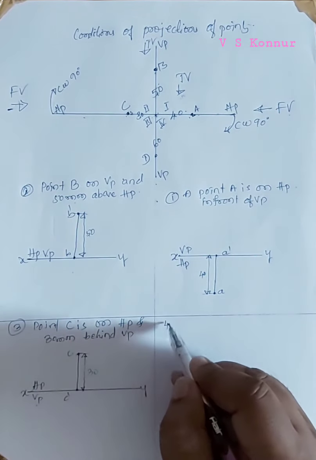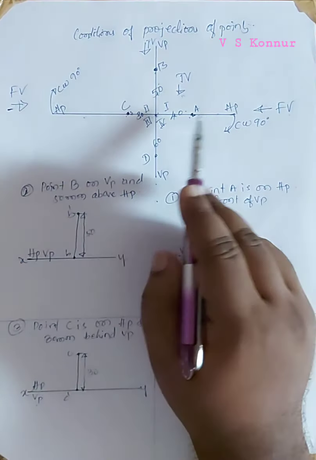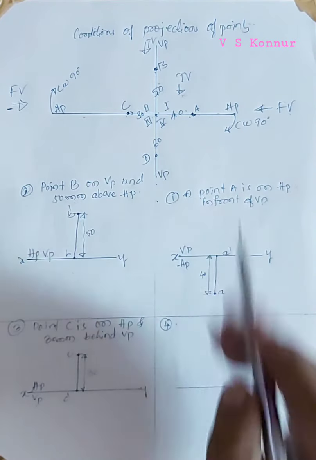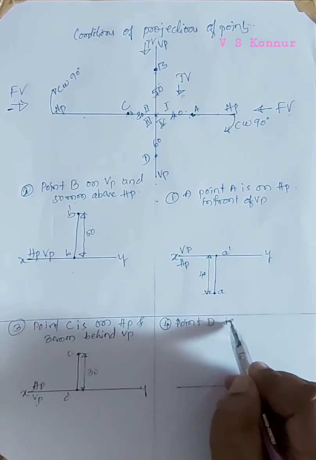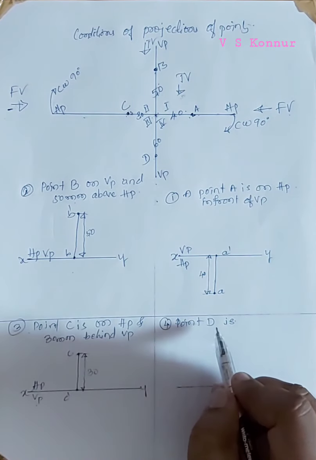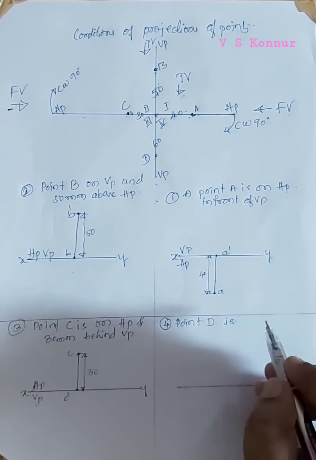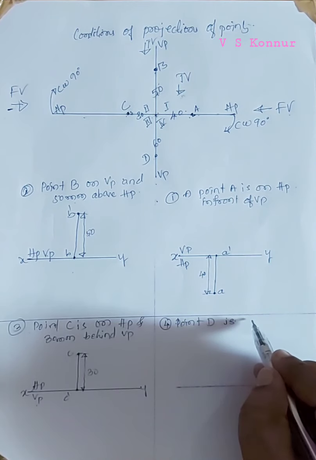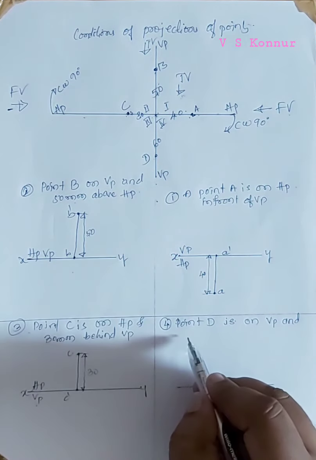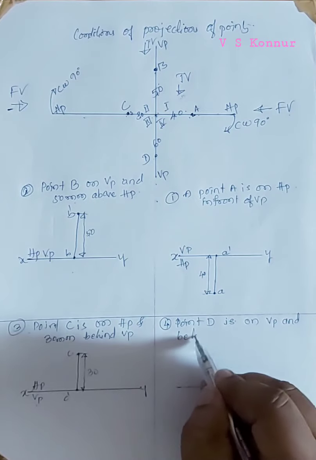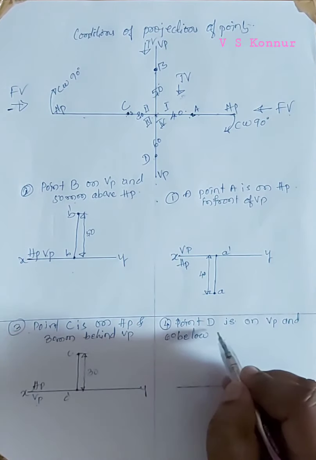Fourth point. So this is the fourth point. D is on vertical plane and 60 mm below horizontal plane.